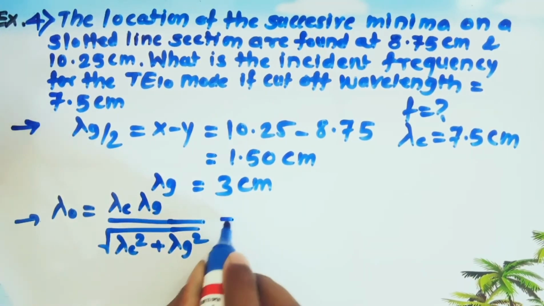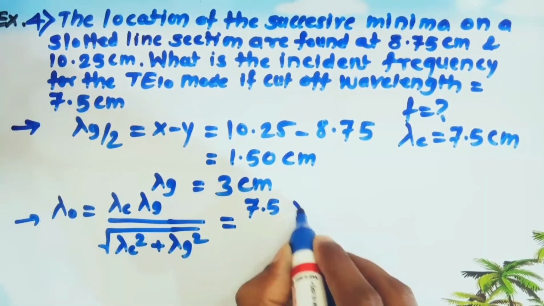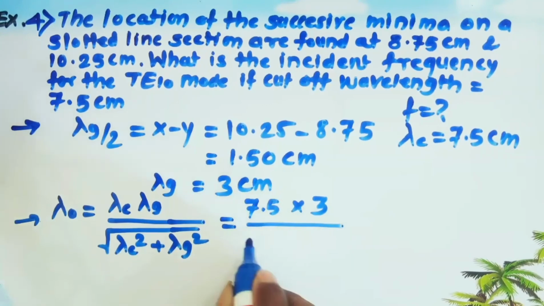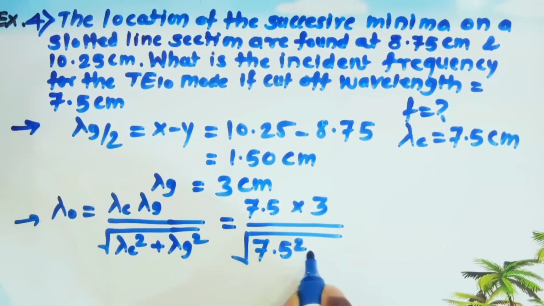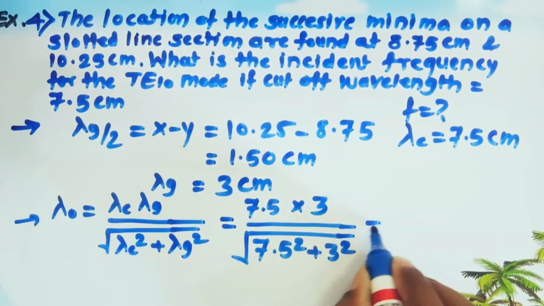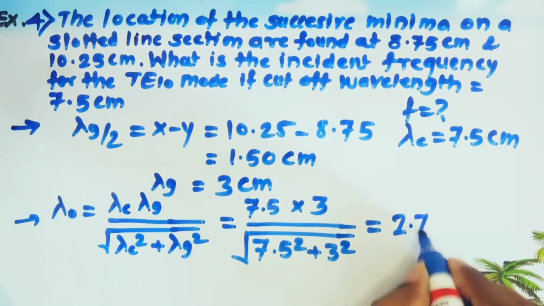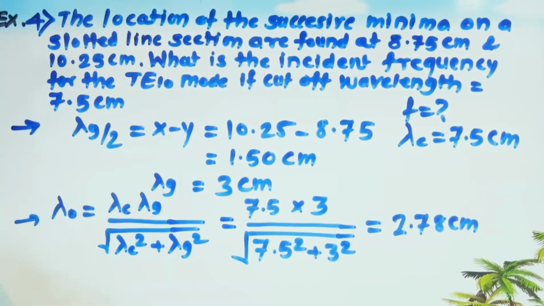So we have the values of this. So lambda 0 is 7.5 into 3 divided by under root of 7.5 square plus 3 square. Okay, and if you calculate this, it comes out to be 2.78 centimeter. Now we have to calculate the frequency.